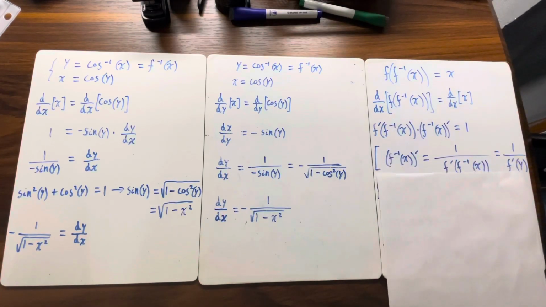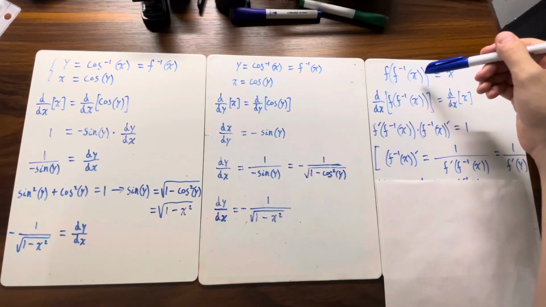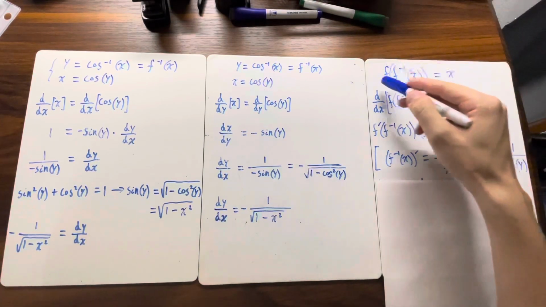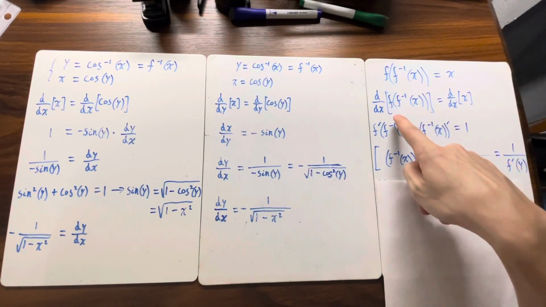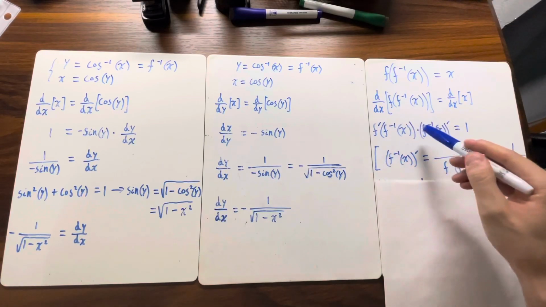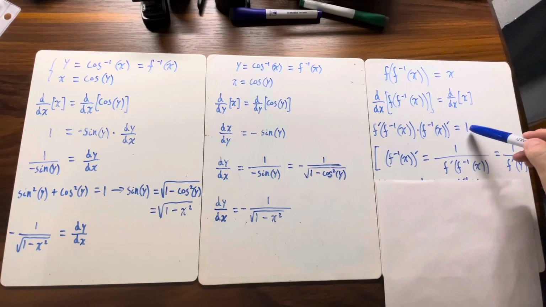Now, another way would be to use this rule here. So if we have some function of some inverse function of some input, we just get left off with the input. Using this fact, we can take the derivative of both sides with respect to x. So using the chain rule here, we'll take the derivative of the outside times the derivative of the inside, and of course the derivative on the right hand side is just 1.